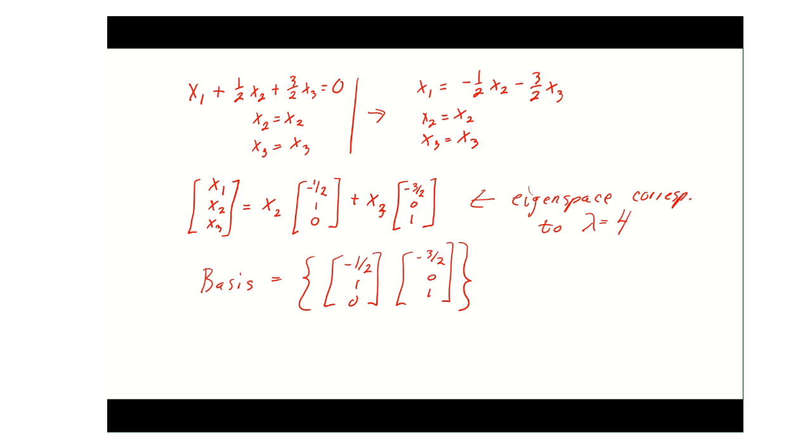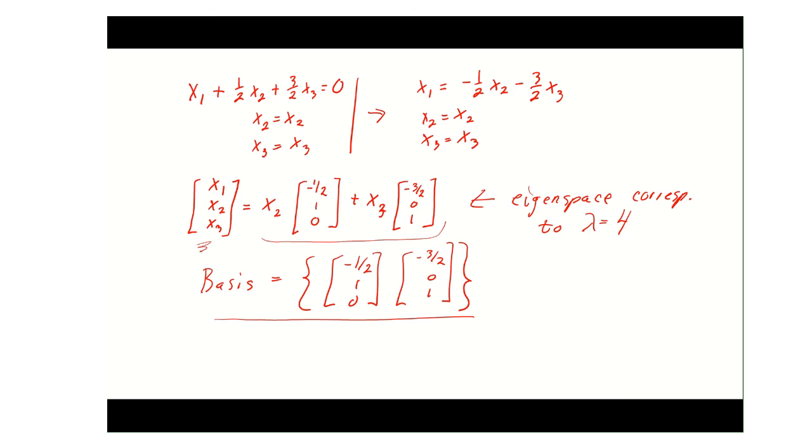So again, we took an eigenvalue, and we found the eigenspace corresponding to it by finding the null space of A minus lambda I. That null space is called the eigenspace, and then we can get a basis. Any vector that you can build this way is going to be in that eigenspace.